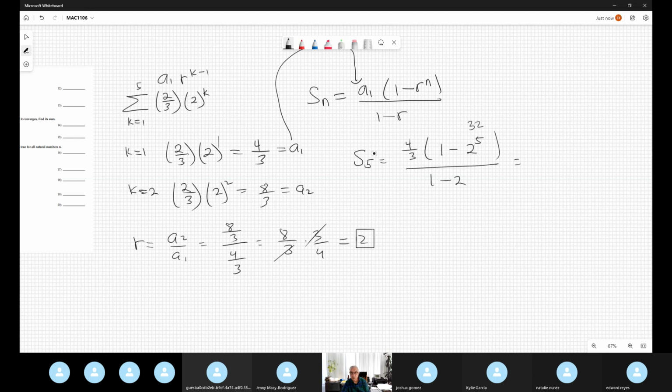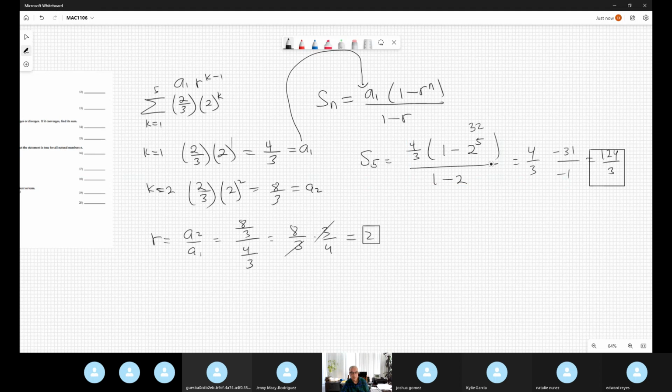So 4/3 times negative 31, yes, because 1 minus 2 is negative 1, and negative divided by negative is positive. Multiplication is positive 124/3. This is the answer. Do you see that? This is an ugly formula for the summation, no infinity, m terms, and one summation can contain a geometric sequence.